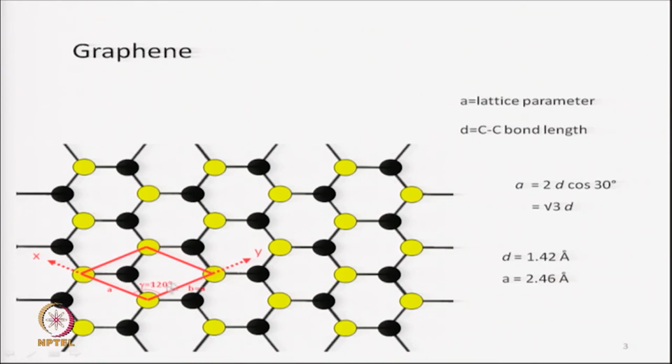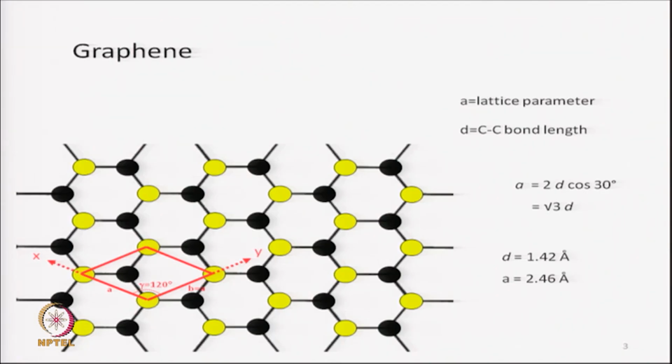So, the rhombus unit cell can be divided into two equilateral triangles, and at the center of one of those equilateral triangles, you have the other kind of atom, other kind in the sense of lattice. Both of them are carbon atoms. So, chemically they are the same, but in terms of lattice, one is at the lattice point, another is not at the lattice point. So, you have a two atom motif, one at the lattice point and one away from the lattice point. So, that is in the graphene layer.